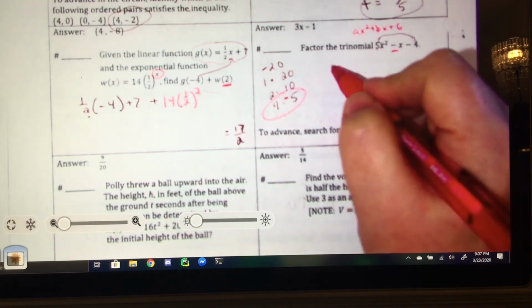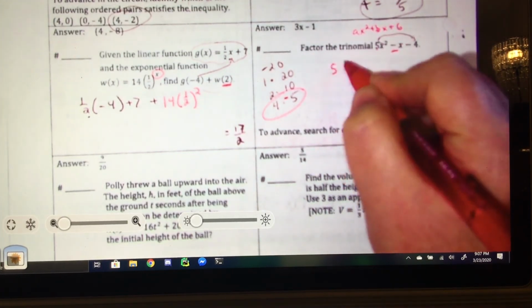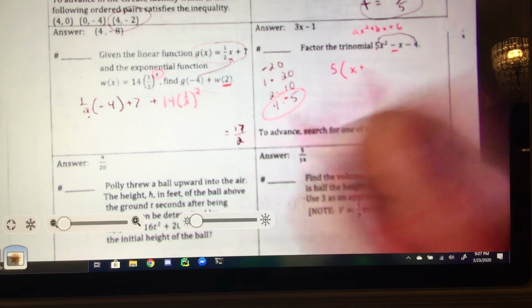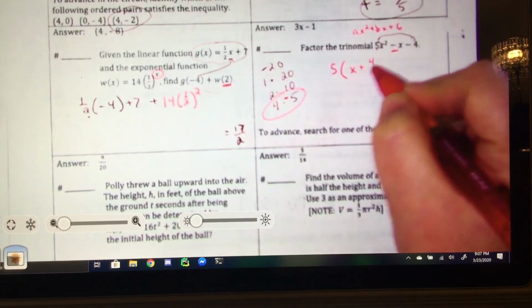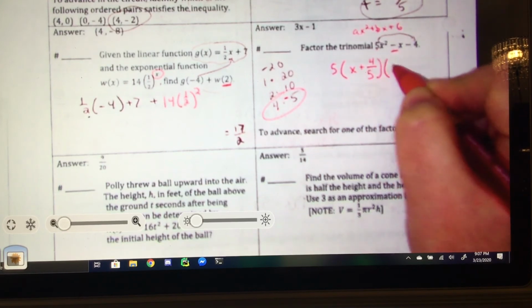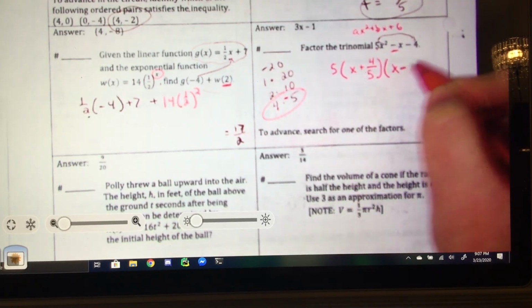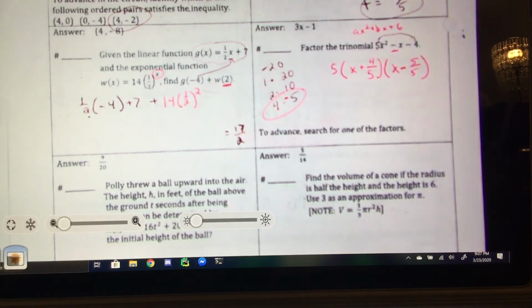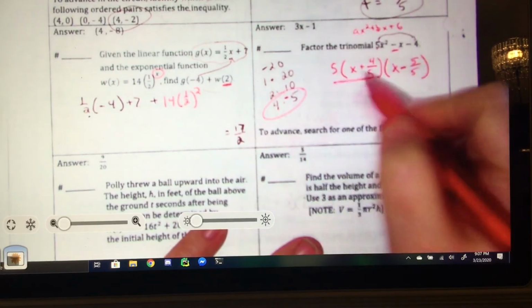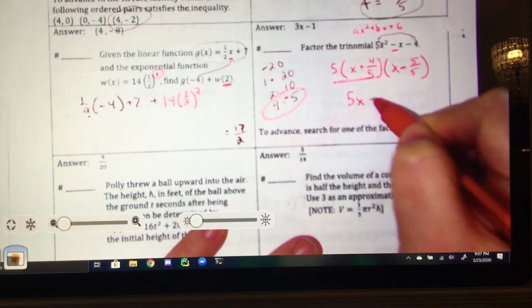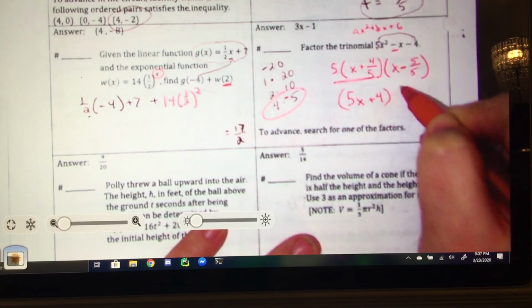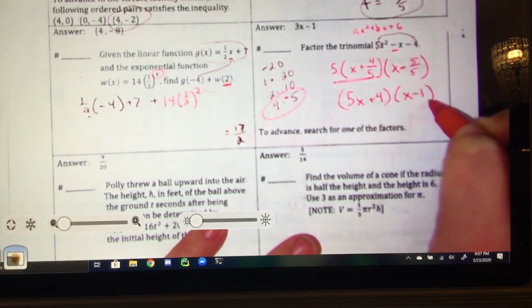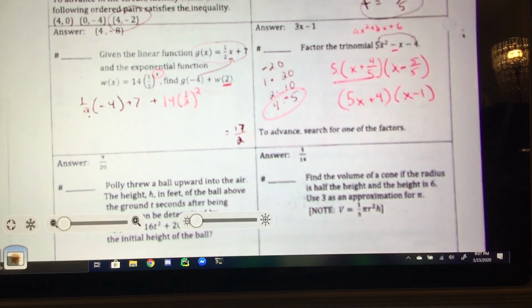And I'm going to take my a, put it on the outside, and then I'd have x plus 4 over a, which is 5, times x minus 5 over a, which is 5. And then I just have to multiply this first part through to simplify it. So this would give me 5x plus 4 times x minus 1. And to advance, search for one of the factors.